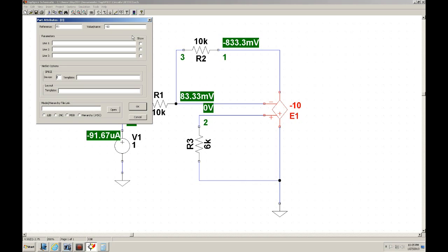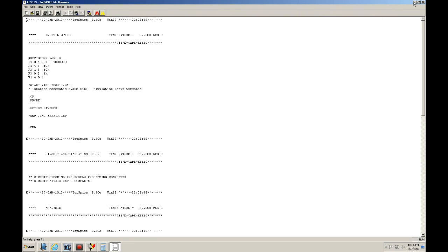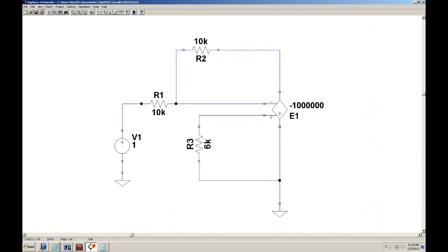So I'll put the larger gain again. So it's approaching ideal. The larger the gain, the closer it gets to ideal. So now it should go back to 1 volt.